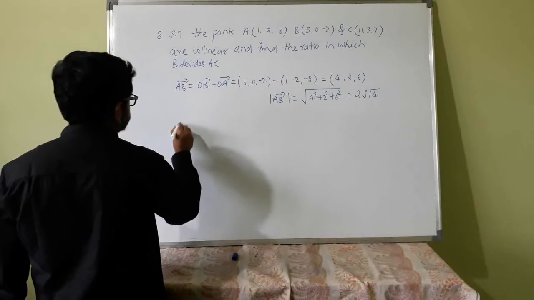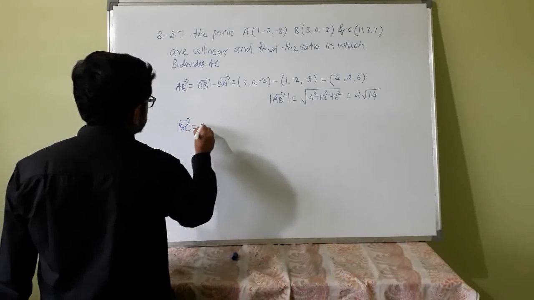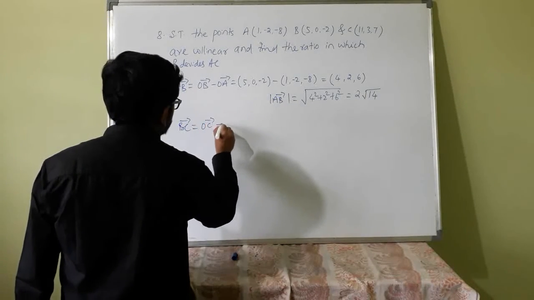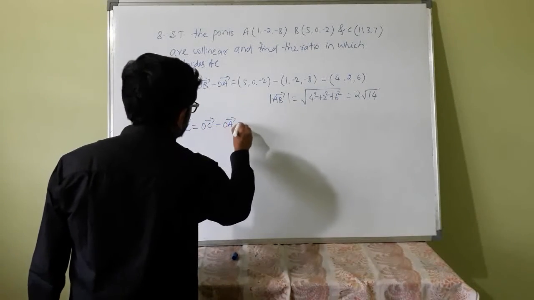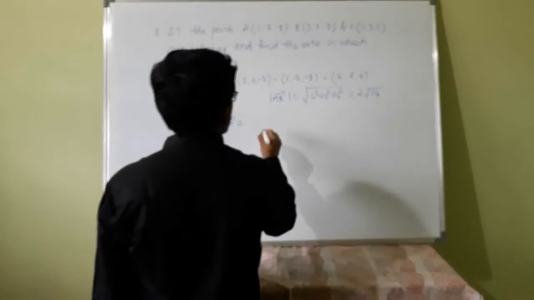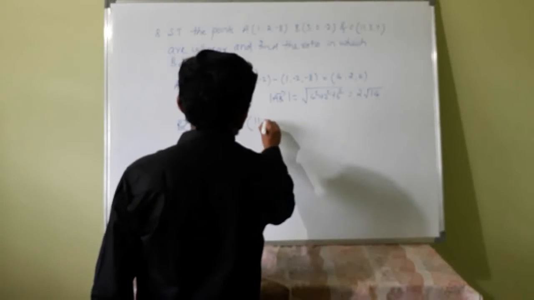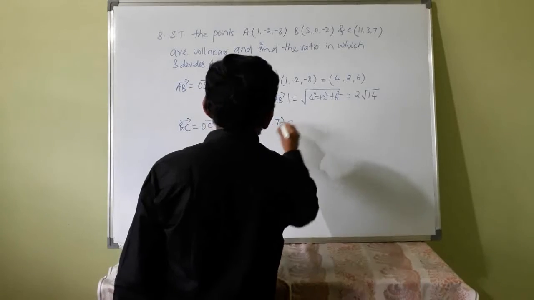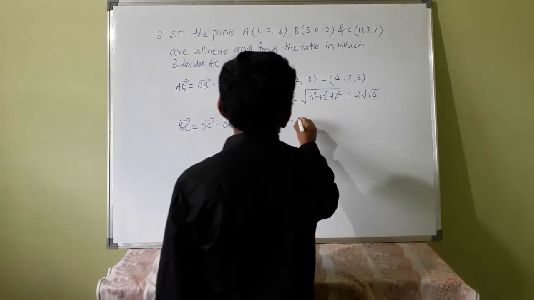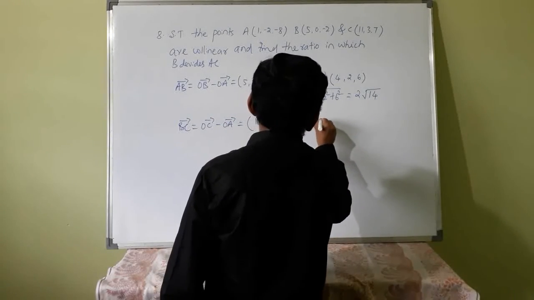AB, BC. BC is OC minus OB, where OC is (11, 3, 7) minus OB (5, 0, minus 2).